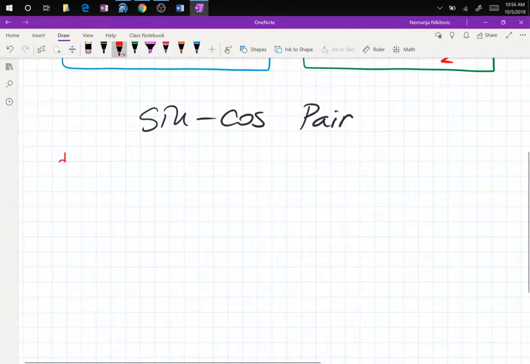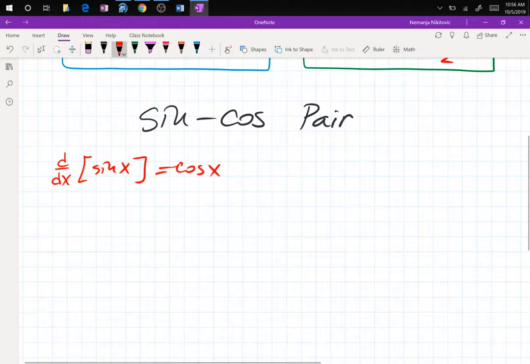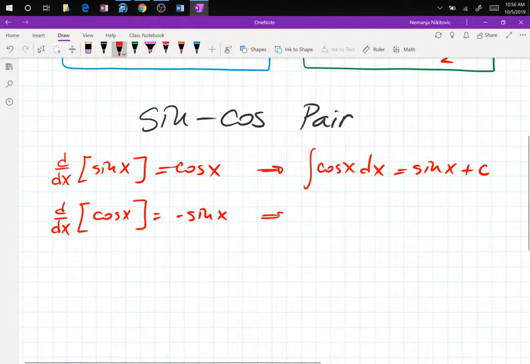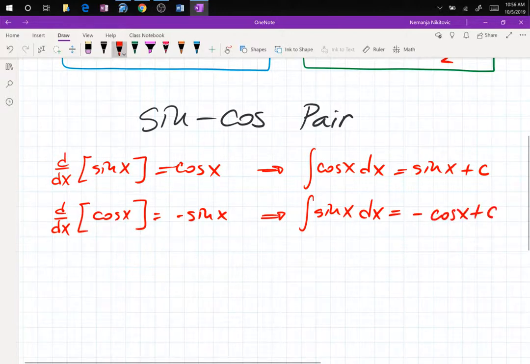You are going to remember that the derivative of sine x is cosine x, which immediately means that your integral of cosine x dx is sine x plus c. And finally, the derivative of cosine x is negative sine x, which gives you that the integral of sine x dx is equal to negative cosine x plus c.